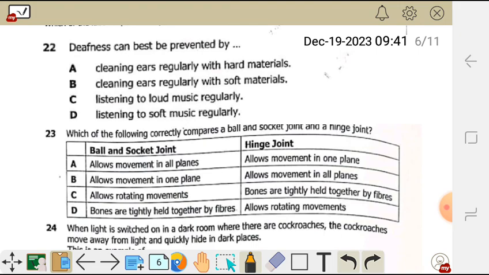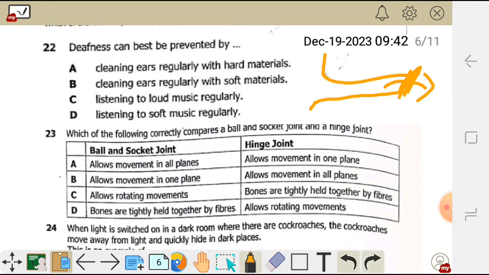So in order to prevent deafness, one should clean ears regularly with a soft material, not a hard material, because in the ear we have a membrane called the eardrum. This membrane is not that strong. If you use a hard material to clean it, it is going to break, and that will result in deafness.